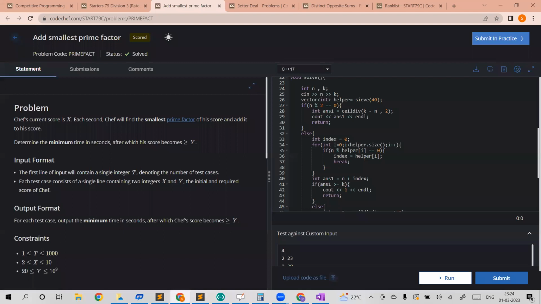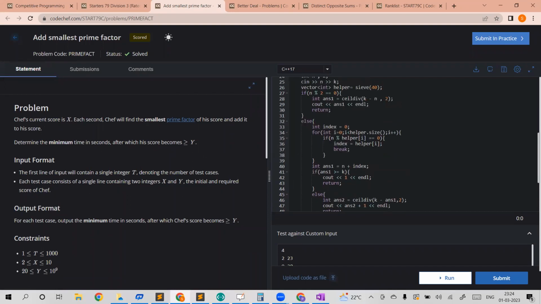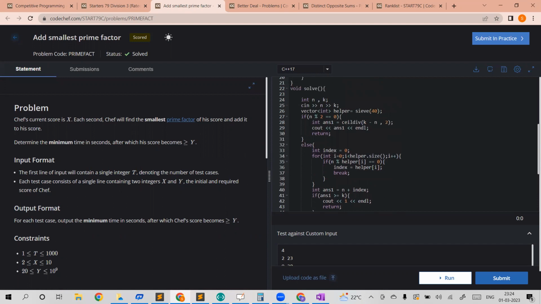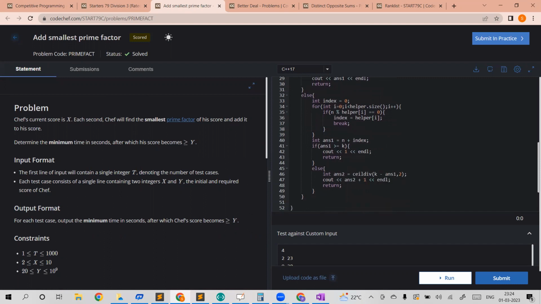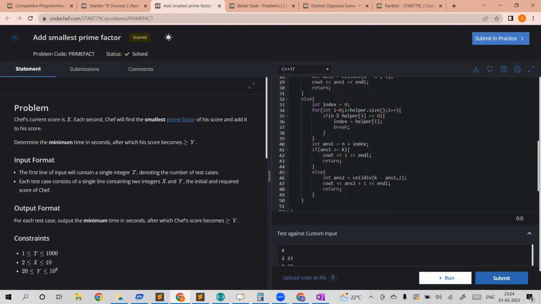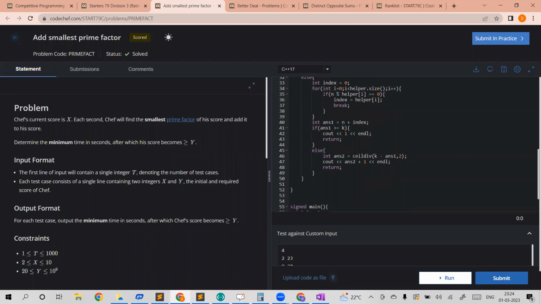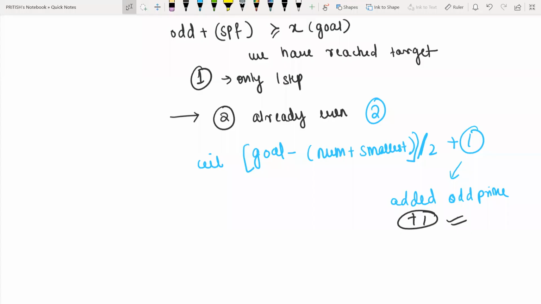See, here ans1 is equal to ceil div k minus n by 2, and basically I have checked if it is even, then I have printed the ceil div of k minus n by 2, and if it is not even, meaning odd, then I have taken an index in which I have taken the helper of n, and int ans is equal to n plus index. N plus index means the number plus its smallest factor, this part.